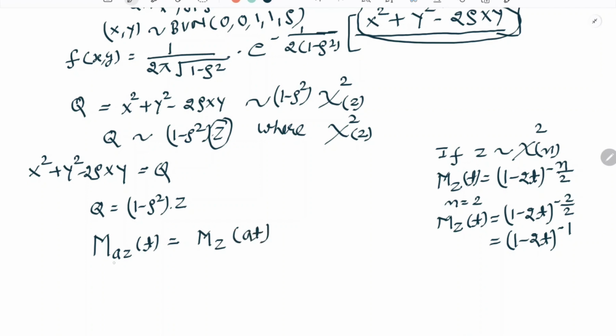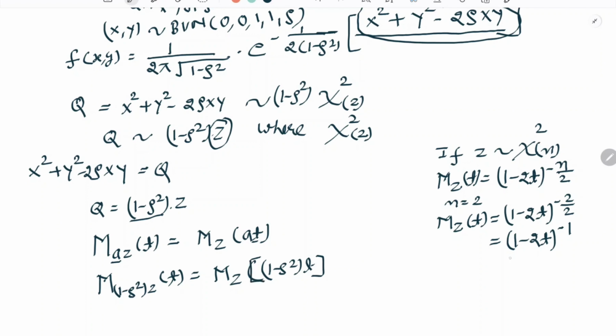That is, whatever is multiplied with Z, just multiply it with t. So in the place of a, we have 1 minus rho square. We are asking what will be the moment generating function of 1 minus rho square into Z. This can be written as M_Z of 1 minus rho square into t.